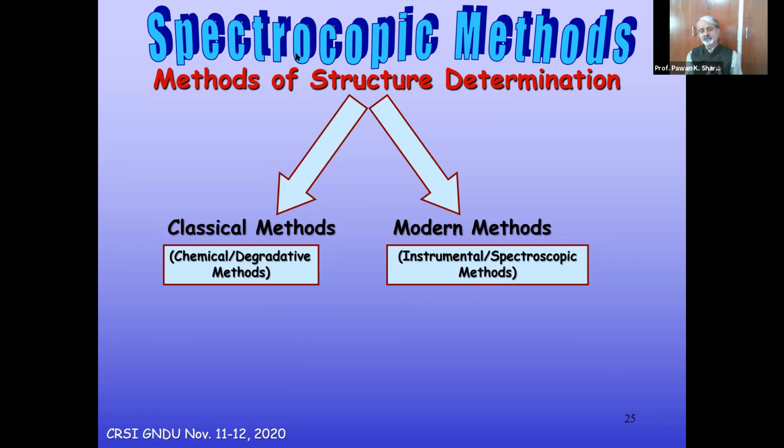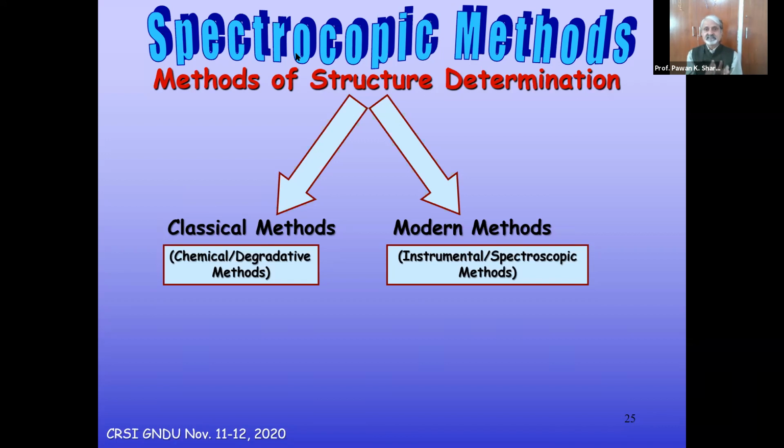Likewise, we would do the degradation studies. We'll try to have the functional group studies based on these chemical tests or degradative methods. And once we have all those tests, on the basis of that, we'll propose the candidate structure, the most probable structure. And then we'll do a complete synthesis of that probable structure.